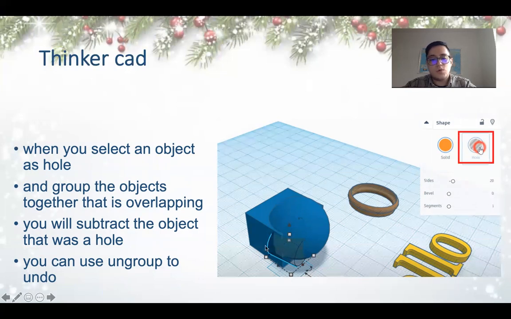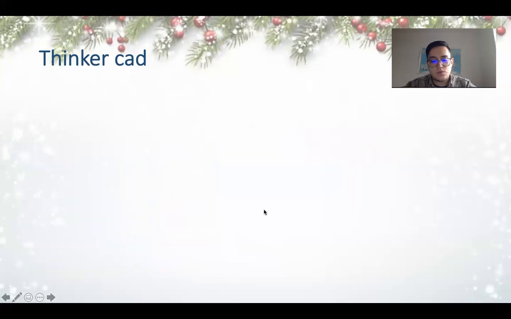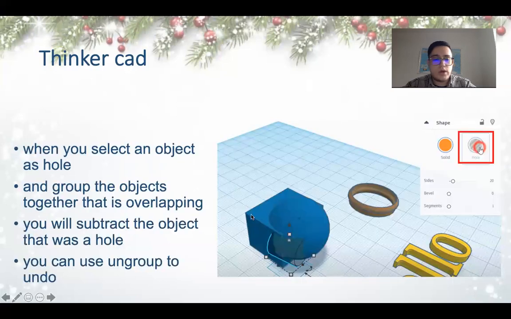And then when you group these together, this will be subtracted from the other two objects. All right, so when we have three objects together and one of them is changed to be a hole and we group them together, this will be subtracted from the other two objects.